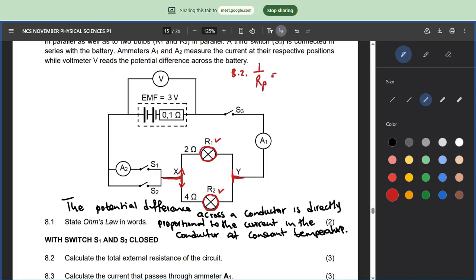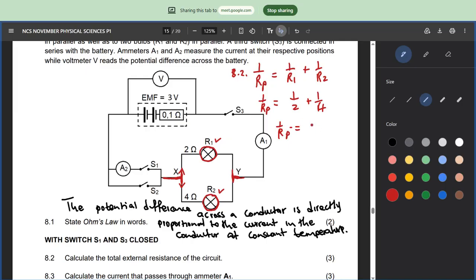1 over RP, parallel, is equal to 1 over the first resistor plus 1 over the second resistor. Then that's when you can do your substitution. 1 over the first one is 2, you add with the second one, which is 4. So on your calculator, tell me, what is 1 over 2 plus 1 over 4?